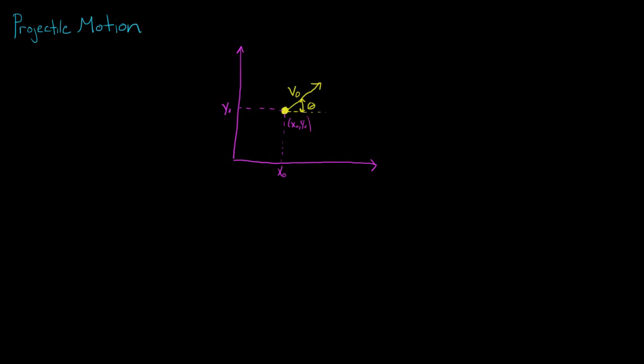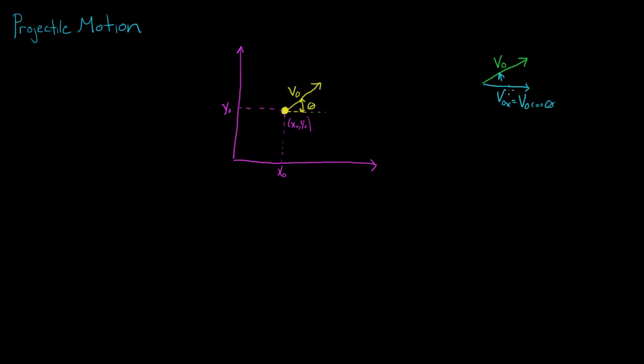And if we look at this initial velocity, it's shot at some angle, and it has an initial velocity of v naught. So its velocity in the x direction is going to be its x component, which is v naught times the cosine of the angle it shot at.